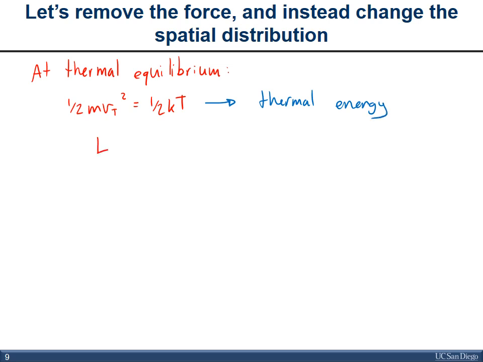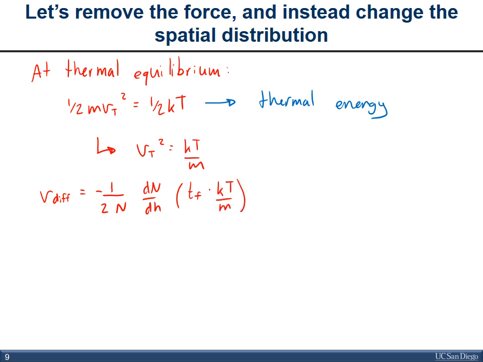With this we can say vt squared is equal to kT over m, which means the diffusion velocity is equal to minus 1 over 2n times dn/dh times t sub f times kT over m.